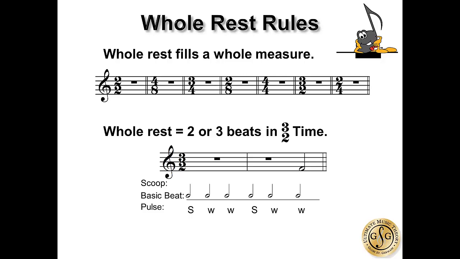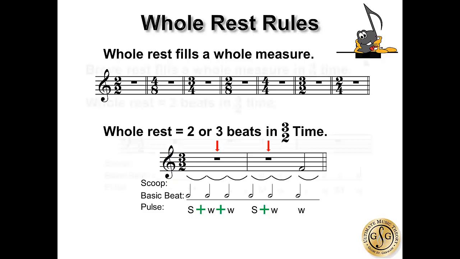However, there are two exceptions to break the rule when it doesn't fill a whole measure. So, in 3/2 time, a whole rest receives 3 beats of silence and is used for a whole measure, strong plus weak plus weak. Also in 3/2 time, a whole rest receives 2 beats of silence for beats 1 and 2, strong plus weak, when a half note value is on beat 3.